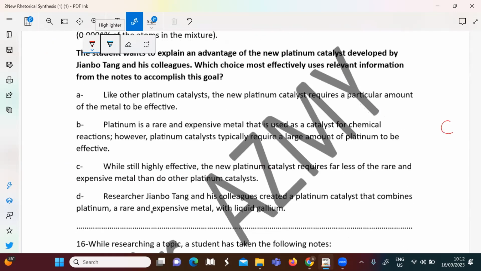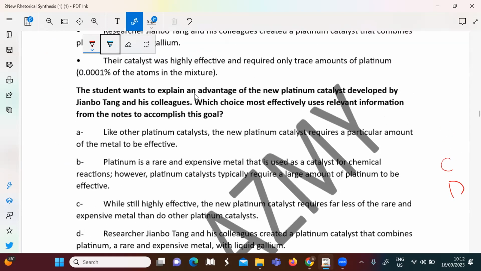There's also D. We have C and we have D. The stem of the question itself: the student wants to explain an advantage of the new platinum catalyst developed by Tang and his colleagues.